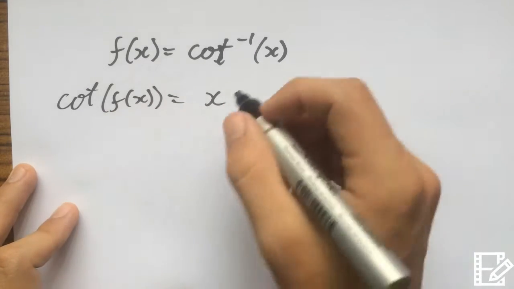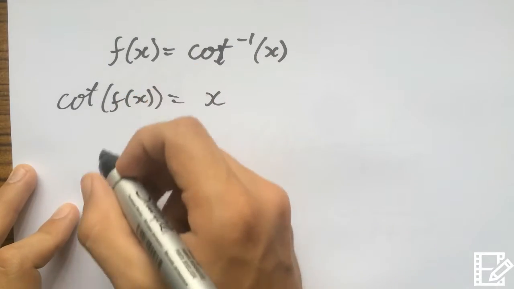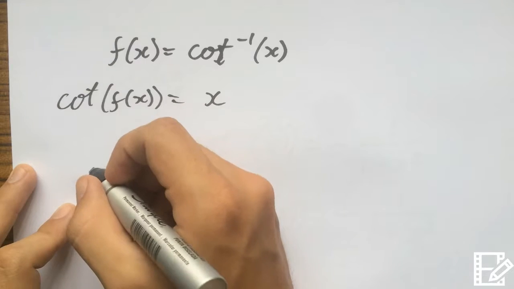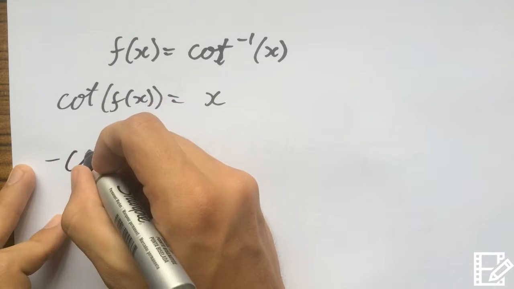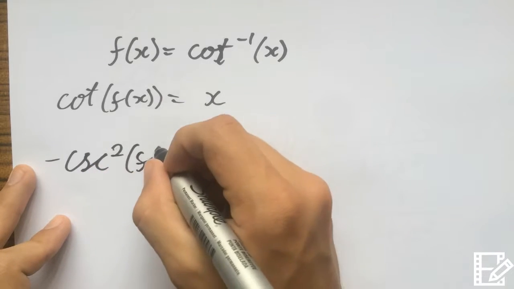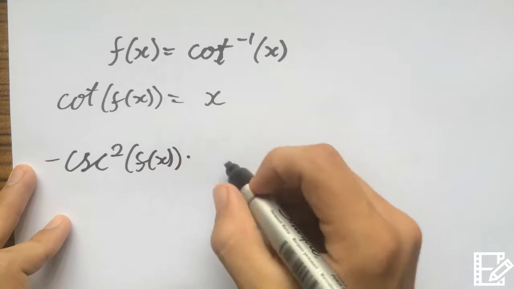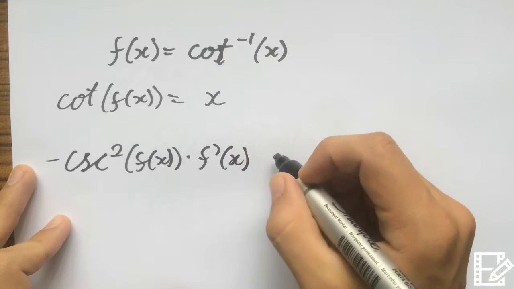Okay. So now we've got to derive both sides. First, we'll derive this and use the chain rule. Derivative of the outside. What's the derivative of cotangent? Negative cosecant squared of f(x) multiplied by the derivative of the inside. It's just going to look like that.